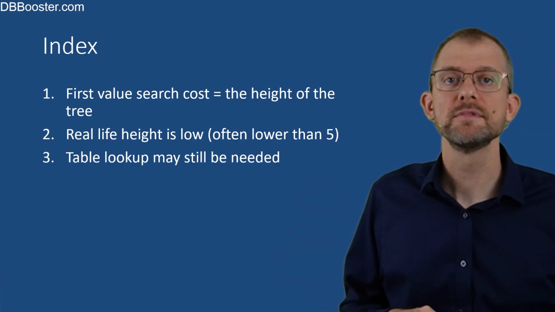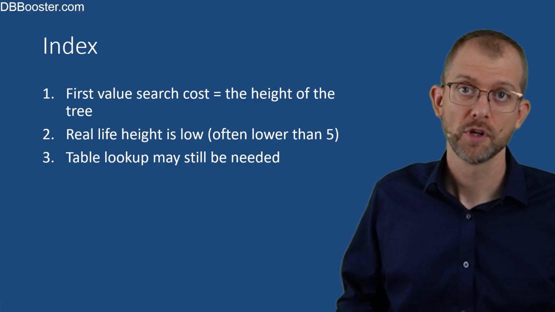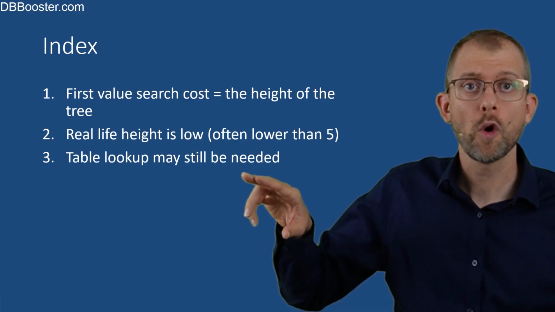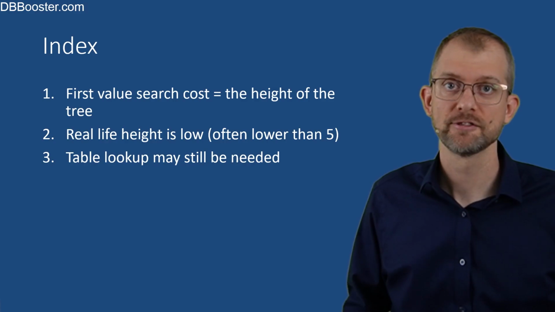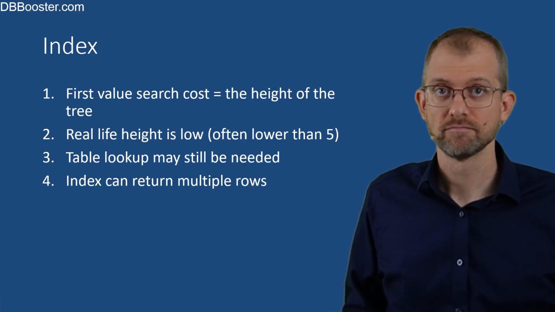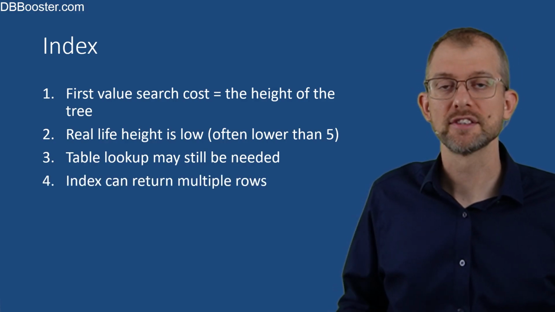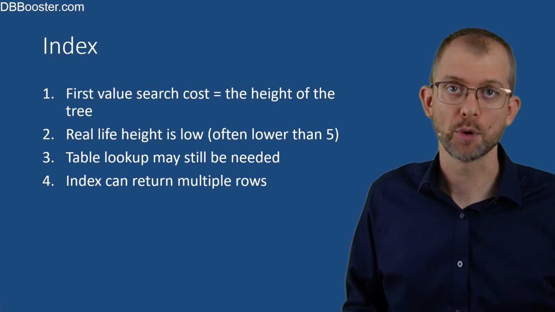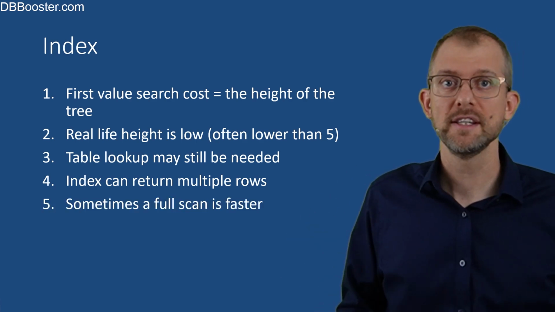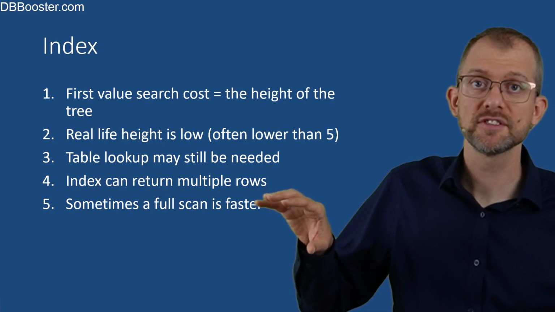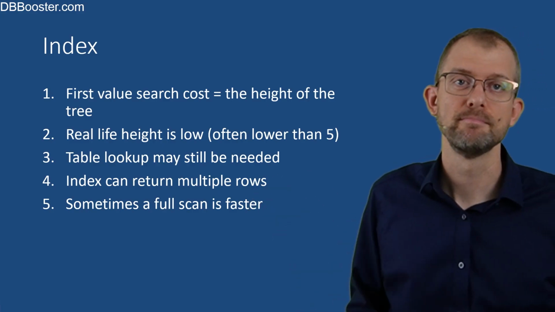But sometimes the index alone isn't enough. You may need to go back to the table, and that means more reads. Even with an index, you can still end up reading a large portion of your data. There are cases when a full table scan can actually be faster.